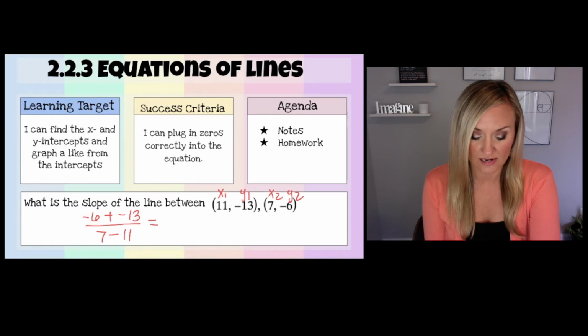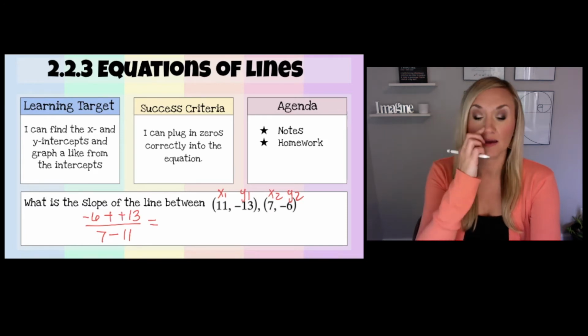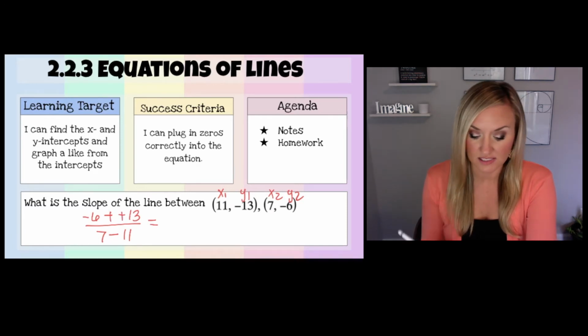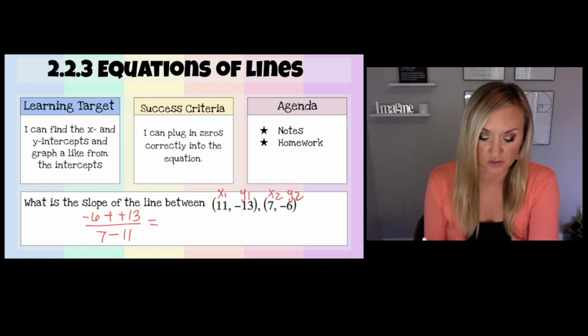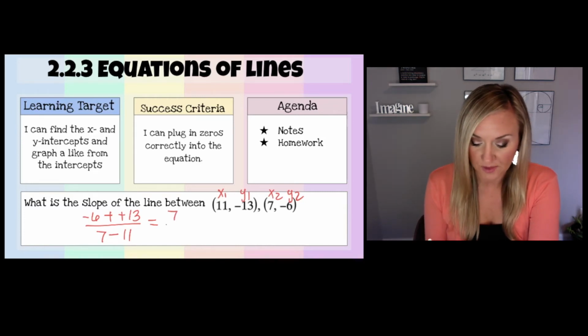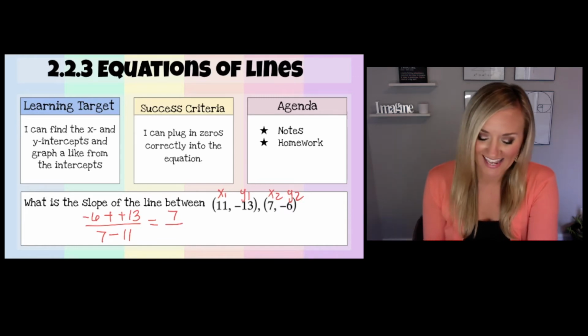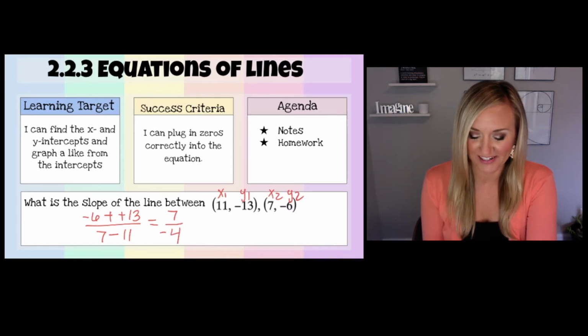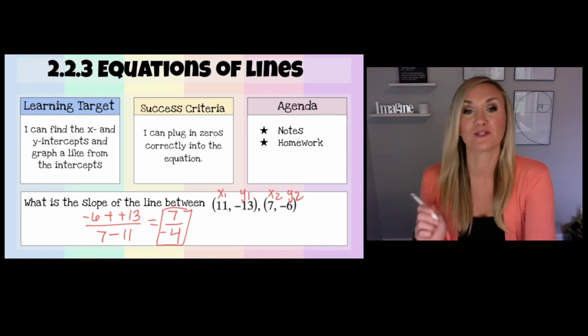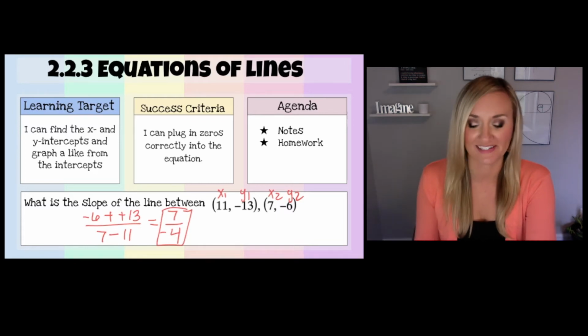So now it becomes -6 plus 13, which is 7, over 7 minus 11, which is -4. So that is the slope of the line between those 2 points.